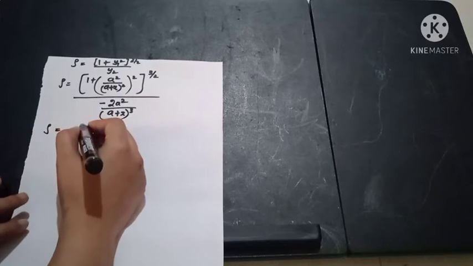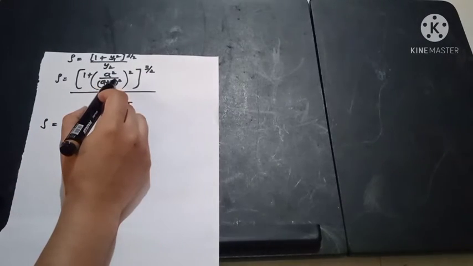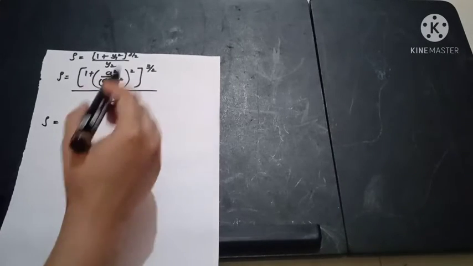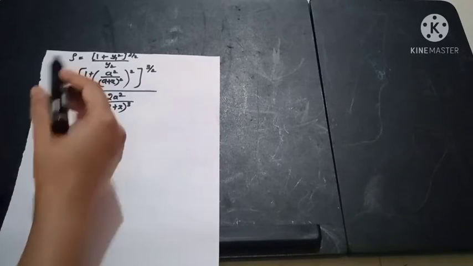Rho is equal to, we will take this denominator a plus x whole to the power of 3 to the numerator.